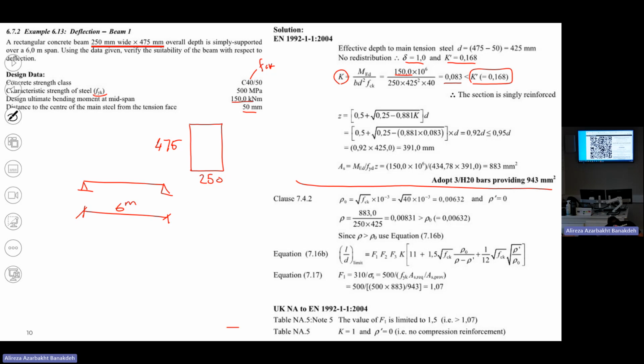If we calculate K for our case, which depends on the external force and b, d and fck, which is this number, if this is less than this one, you need single reinforcement. If this is more than this one, which is not now, you need to go for double reinforcement. Double means bottom reinforcement and top reinforcement, tension and compression, right?